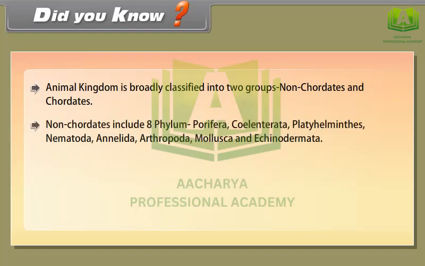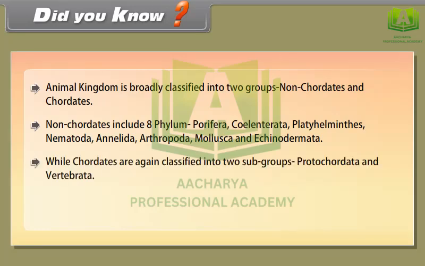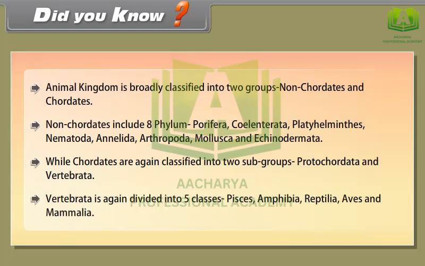Non-chordates include 8 phyla: Porifera, Coelenterata, Platyhelminthes, Nematoda, Annelida, Arthropoda, Mollusca, and Echinodermata. While chordates are again classified into two subgroups, Protochordata and Vertebrata. Vertebrata is again divided into 5 classes: Pisces, Amphibia, Reptilia, Aves, and Mammalia.